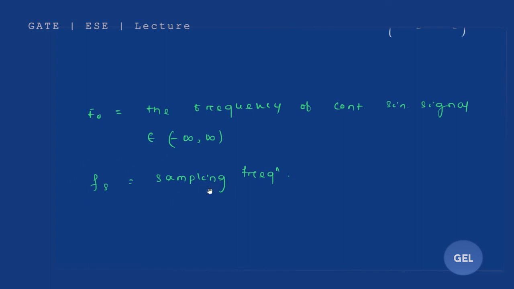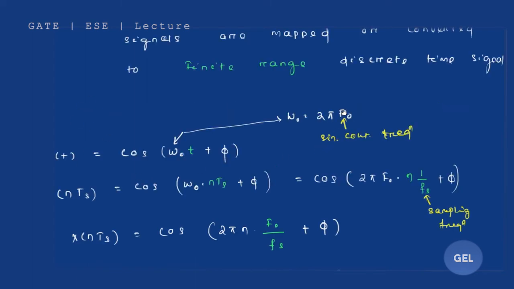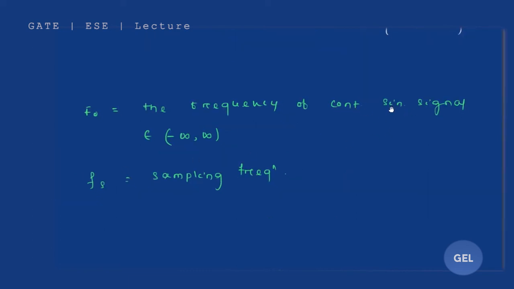Fs is your sampling frequency, capital F naught is the frequency of the sinusoidal signal, the continuous sinusoidal signal, which is ranging from -infinity to infinity. This is a very important point.